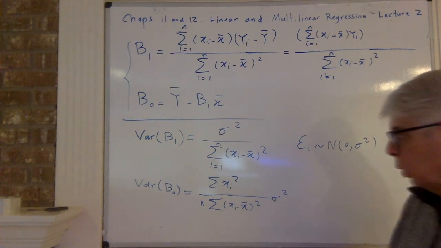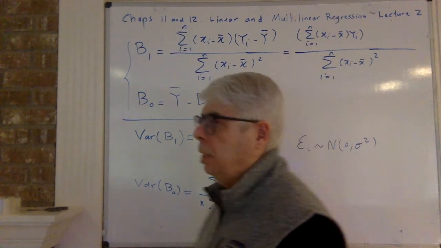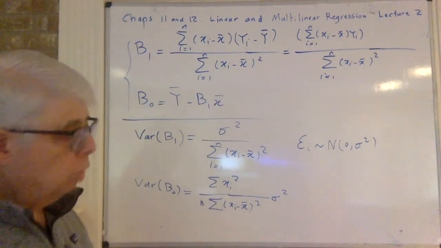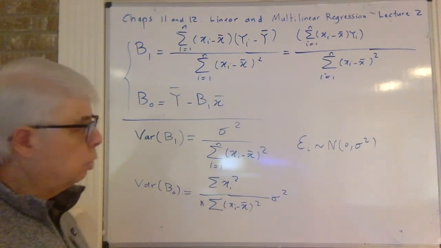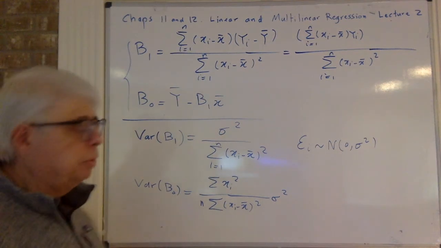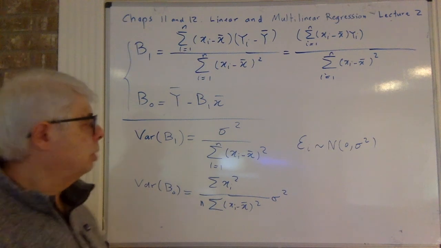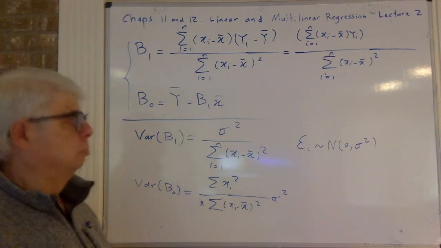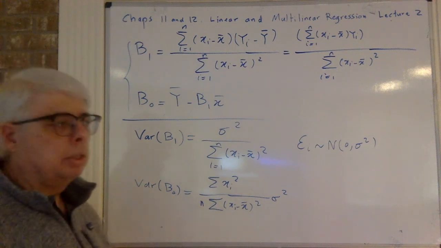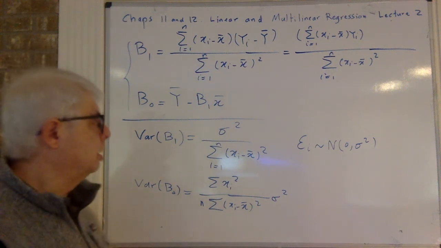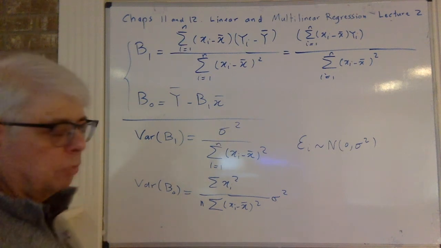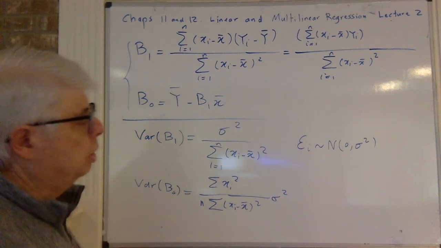So anything that we say, like if we use a confidence interval, that confidence interval is for alpha 0 and alpha 1. We will see that. Or if we do a test of hypothesis, which I will tell you what it is, the null hypothesis is that alpha 0, alpha 1, or whatever they are, the other ones are 0.